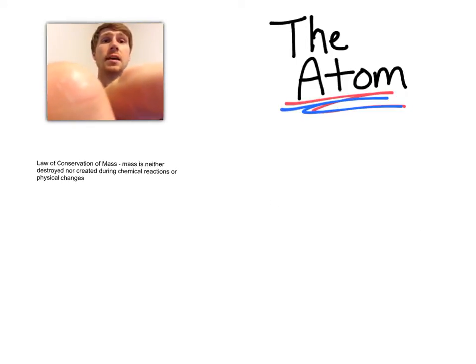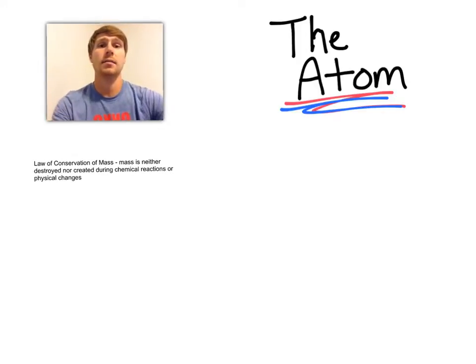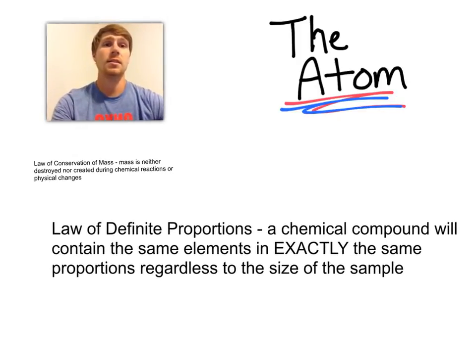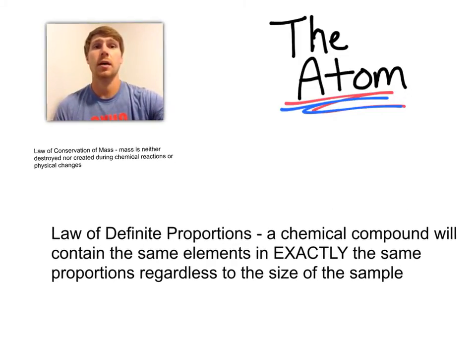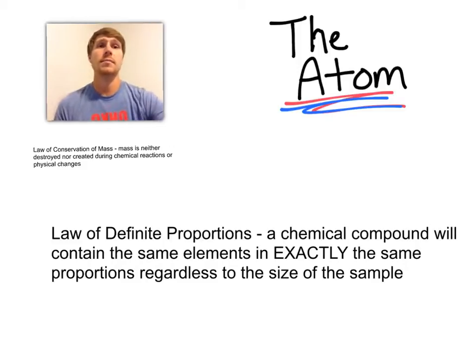Now, the second main idea that we have is this law of definite proportions. Now, this is kind of getting a little bit heavier with all this stuff. What that's going to say, though, is that a chemical compound will have the exact same elements in the exact same proportions, regardless of how big or small that sample is. And the example of this is you take a sugar cube, right? Oh no, it's yay big by yay big by yay big. Or you just have like a sprinkle, a tablespoon of sugar, and you have all the individual little ones.